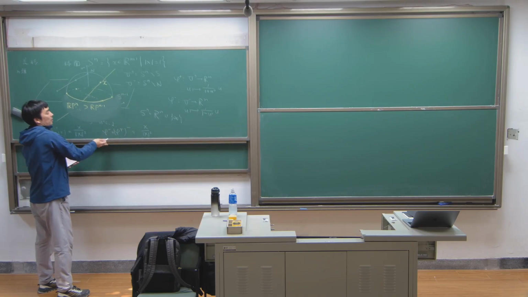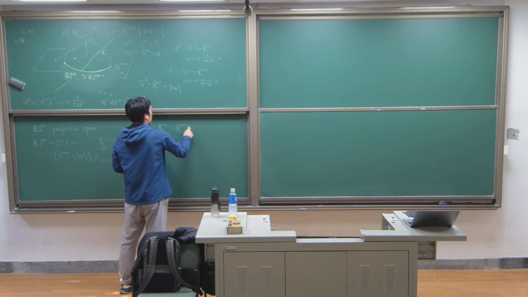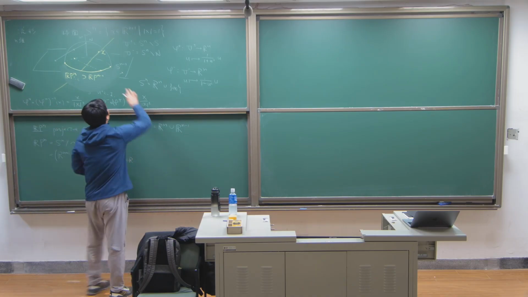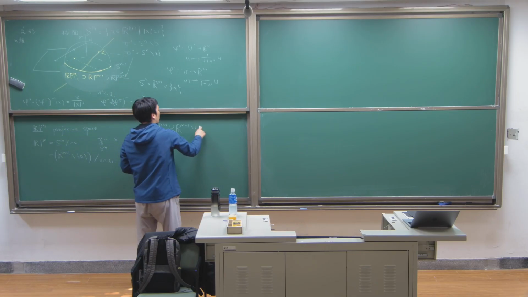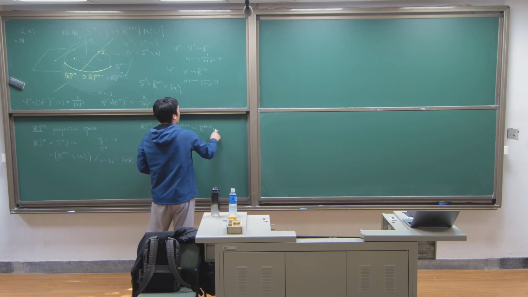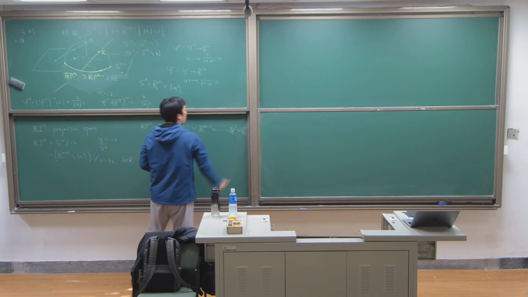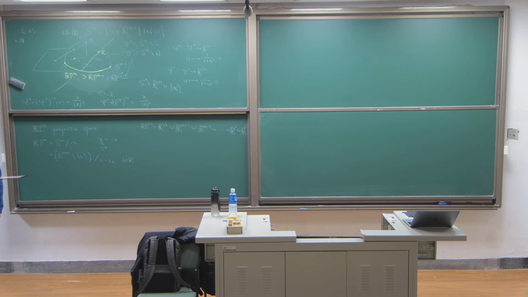RPn minus 1 also has dimension n minus 1, okay? And then at the boundary you have RPn minus 2. So therefore, you have Rn minus 2 and so on. Like this.